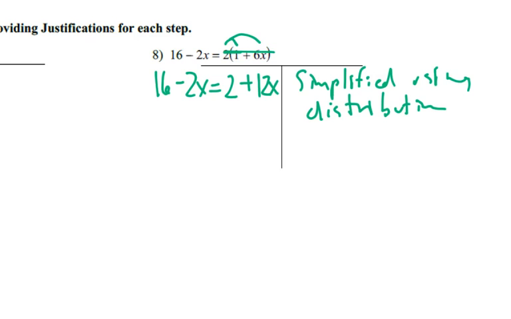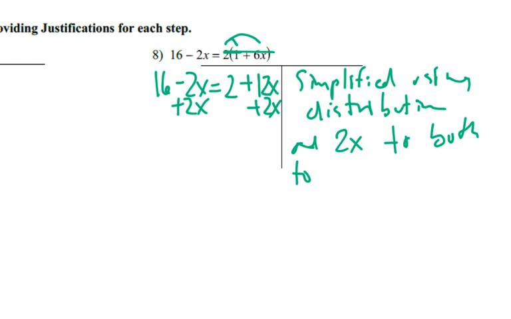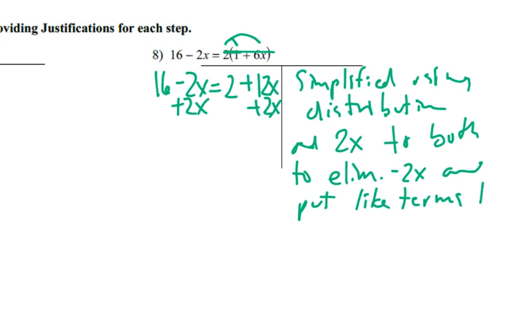So then we can add 2x to both sides, to eliminate negative 2x and put like terms together. That becomes 0, which we know does nothing, so we're left with 16 equals 2 plus 14x.